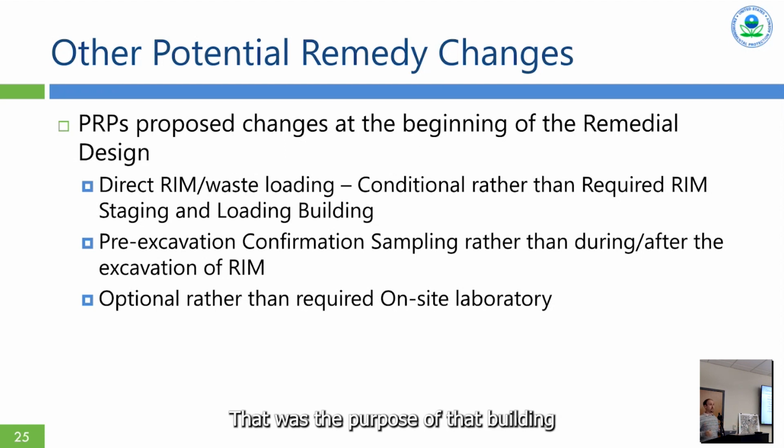That was the purpose of that building. And it was partly because it would take longer and require more handling to deal with some of the highest concentrations of RIM that we had at the site.